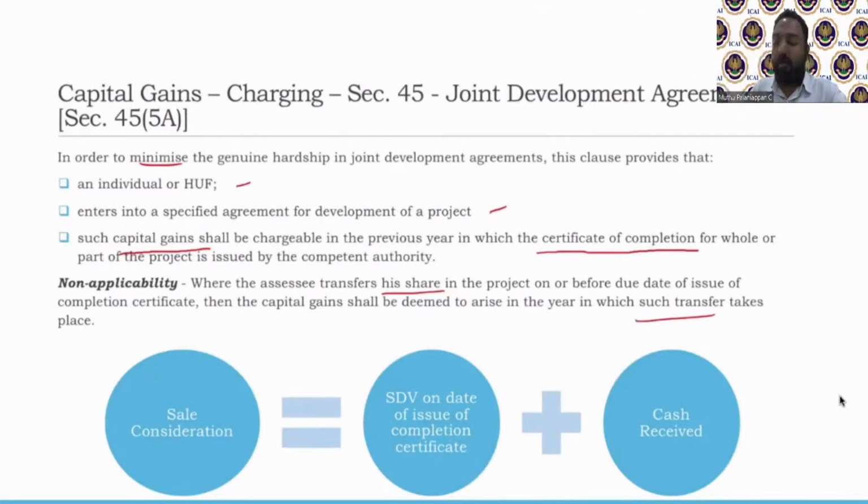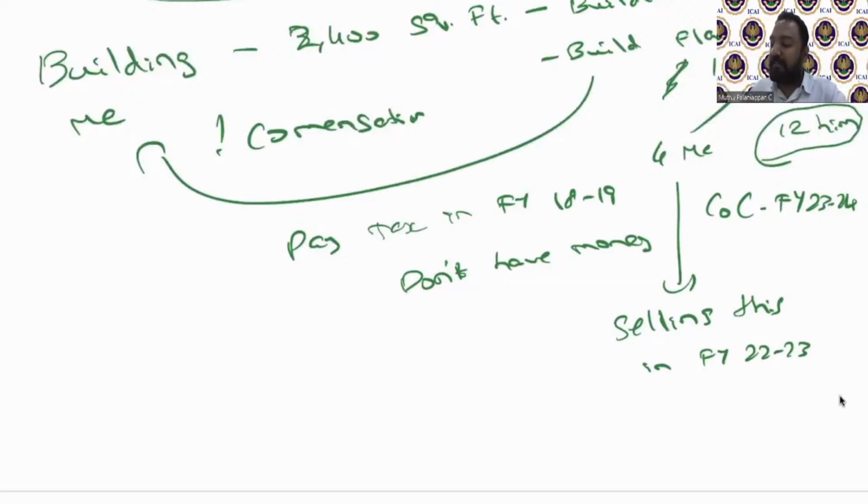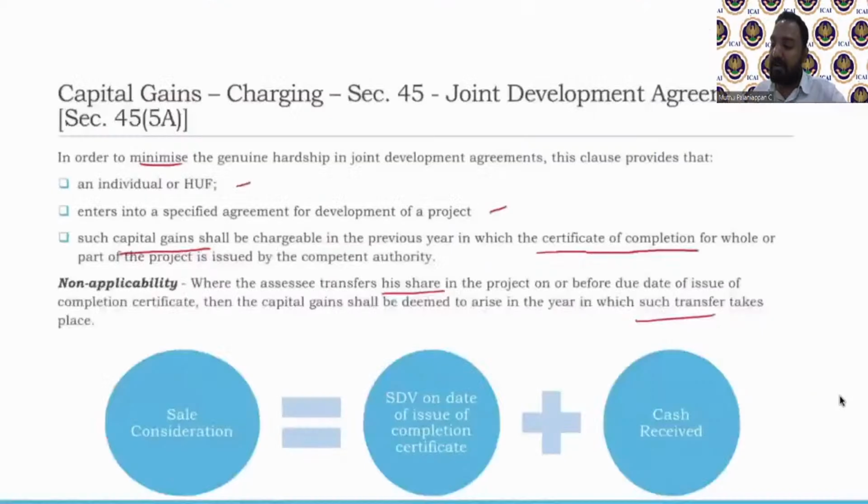So for these 4 flats, if I'm selling in 22-23, I need to pay tax to that extent in financial year 22-23. So what will be the sale consideration? It is nothing but the stamp duty value of that property, that is 2,400 square feet, plus cash received. Whatever cash has been received will be added to the sale consideration for that entire property.